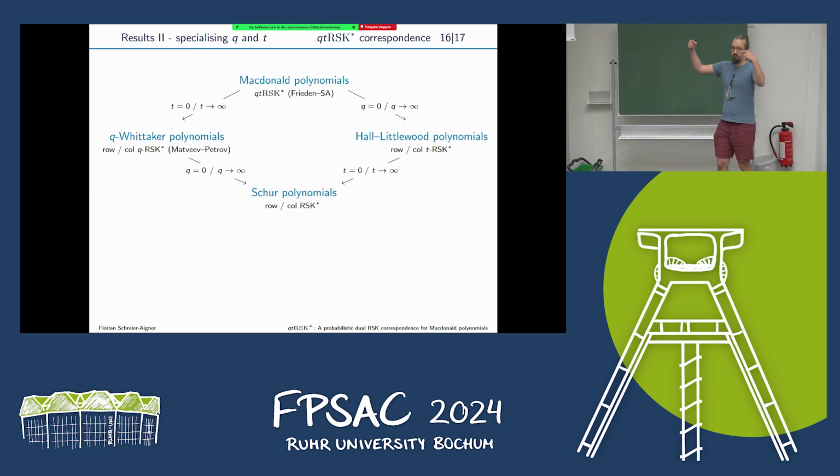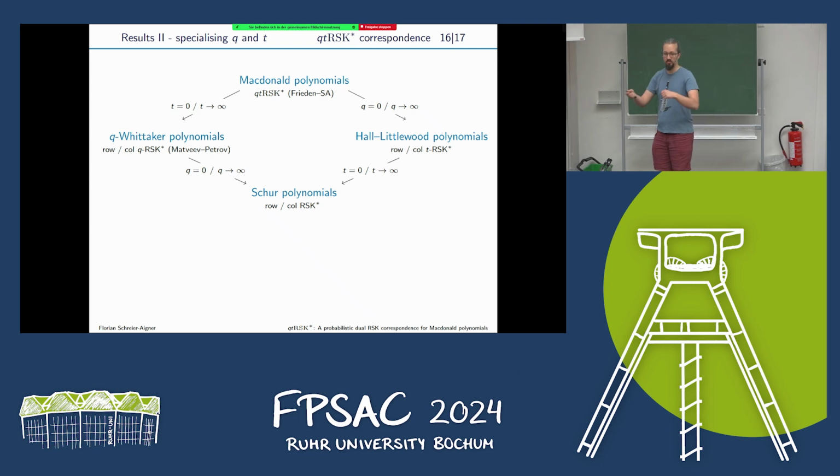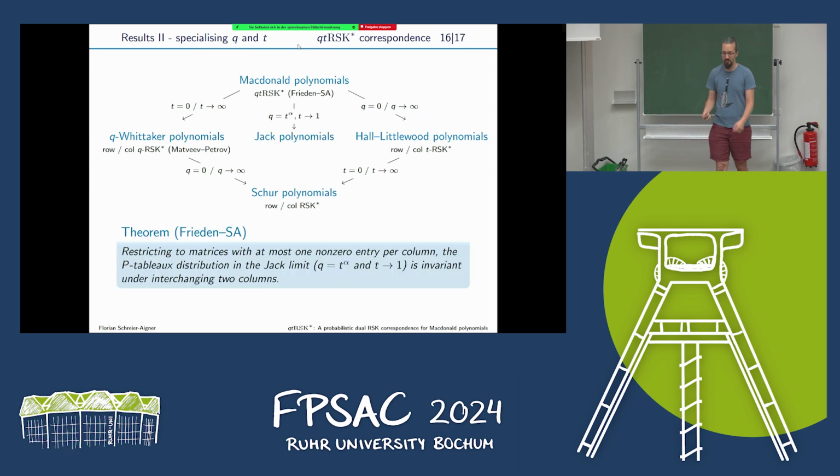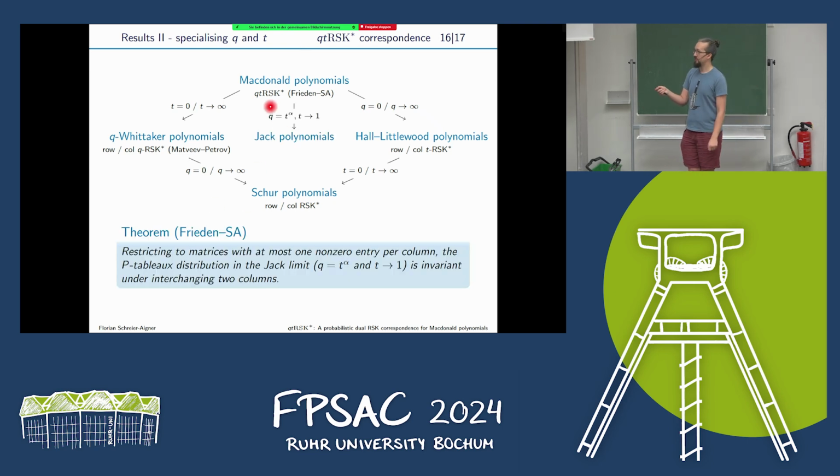And if you further specialize the other parameter, which is not specialized yet, you obtain the classical row and column insertions for RSK. But there's another very interesting point, which is obtained by taking the Schur polynomial limit.